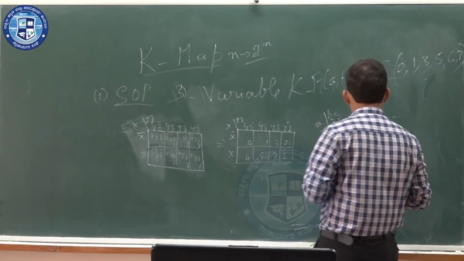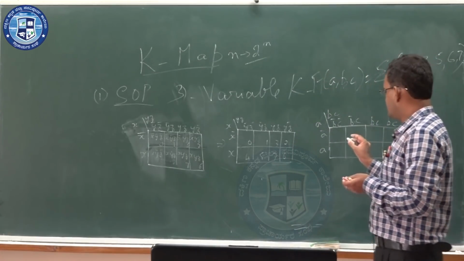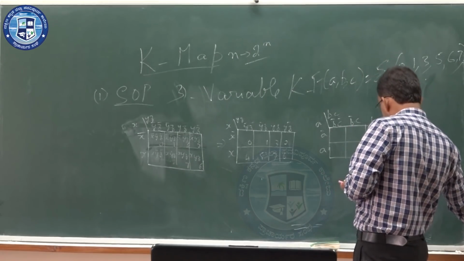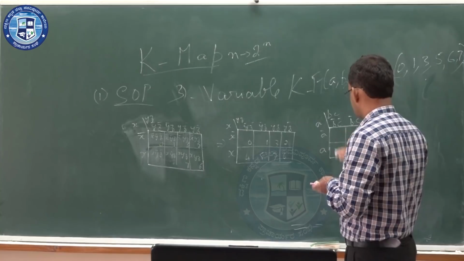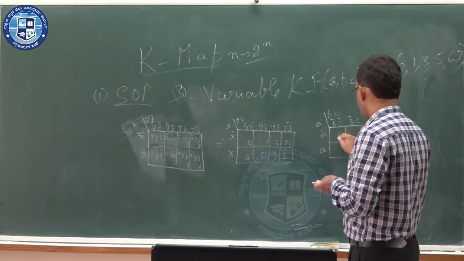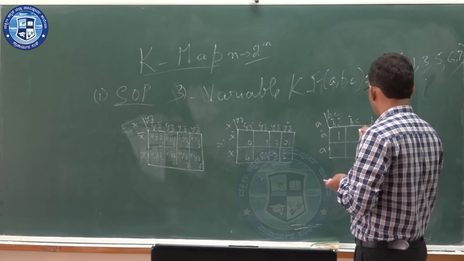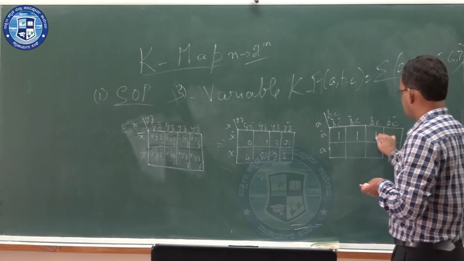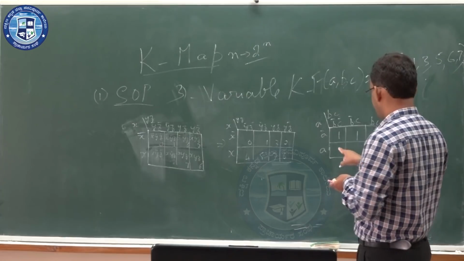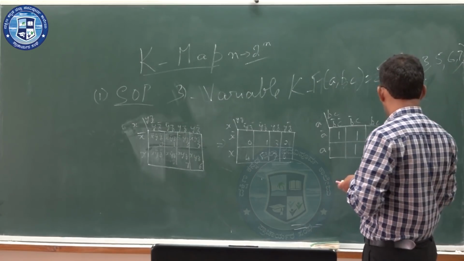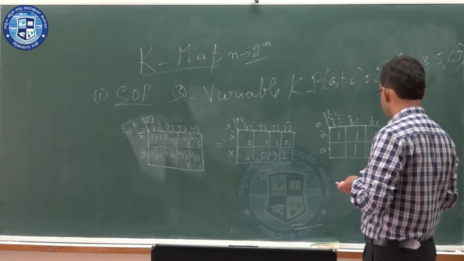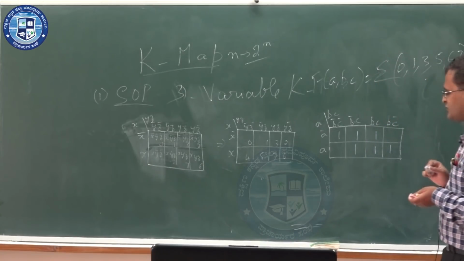Okay. Now, 0, so I put 1 here, next is 3, 5, 4, 5, here it is 6 and 7. Okay.